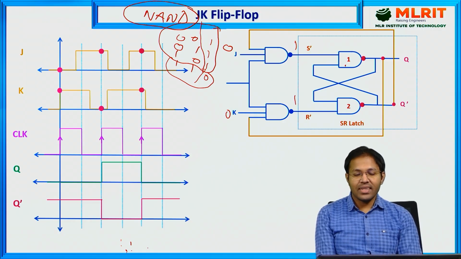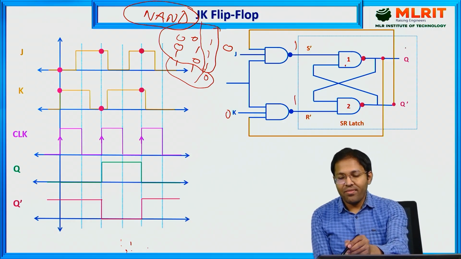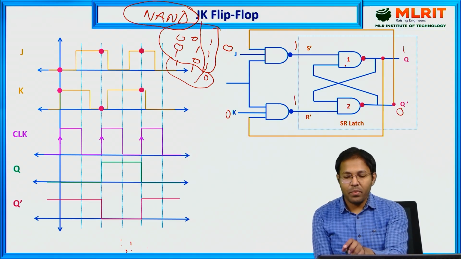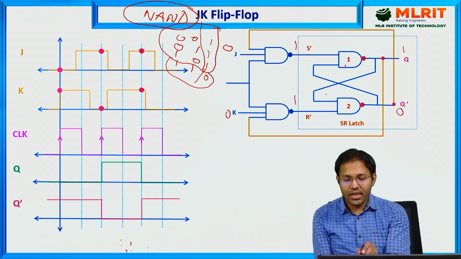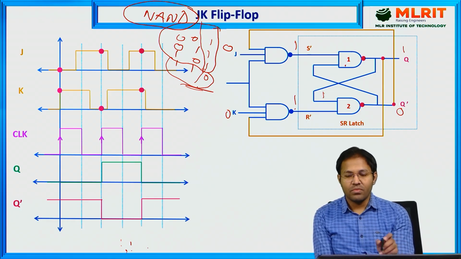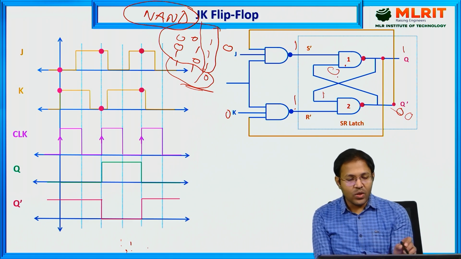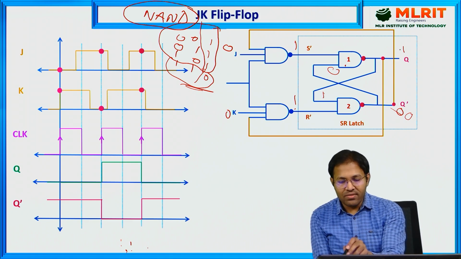Now let us assume that the previous value is 1 and this is 0. So let us see what happens. The 1 comes here. When the inputs are 1 and 1, the output is 0. So 1 and 1 gives us 0. So we have 0 here, and now because we have a 0 here, 1 and 0 gives us 1.